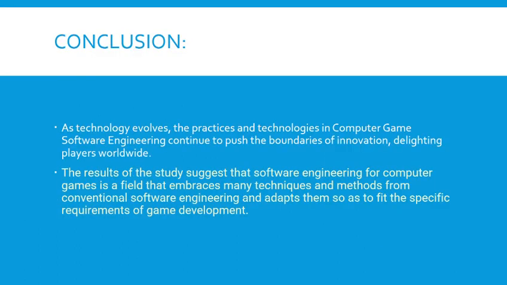So lastly, I am going to conclude this topic, which is game software engineering. Let's revise the topics we have covered. We have seen the landscape of game software engineering, and the practices and technologies used in it. We have seen three normal practices we need to follow before developing any game, which are agile development, quality assurance, and continuous integration and deployment.